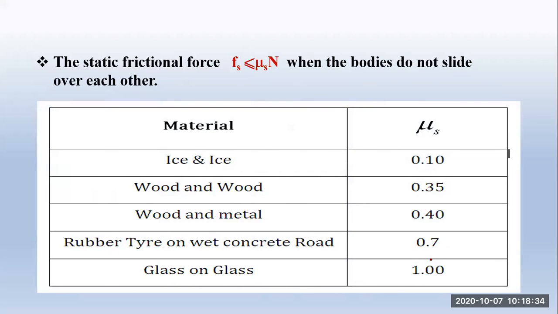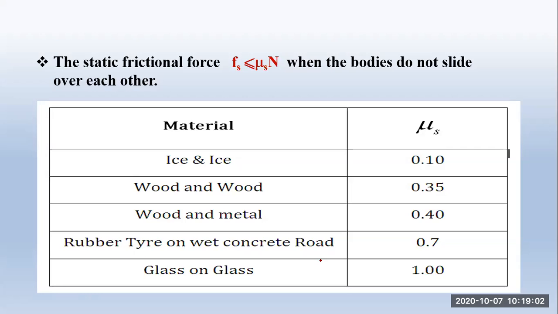Now you have different values. You can see that for ice and ice, if you have two ice surfaces in contact, the friction is very, very small, only 0.1. If you have wood and wood, a wood surface sliding over a wood surface, the friction is roughly 0.35. Obviously, it will depend on the type of surface also, how smooth or rough it is, but it is an approximate value. Wood and metal, 0.4.